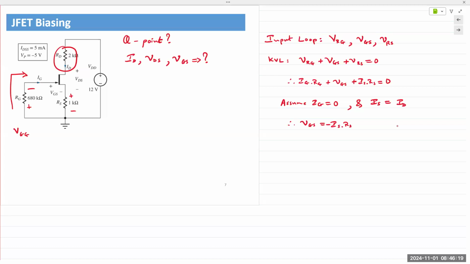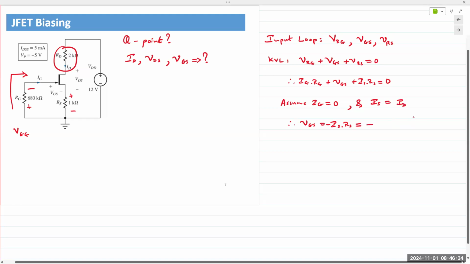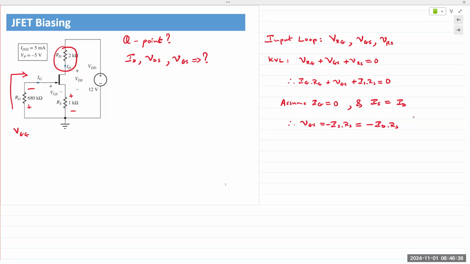IS is equal to ID. So since we need to find ID, we are looking for ways where we can write an expression for ID. And here we are: VGS equals minus ID times RS.